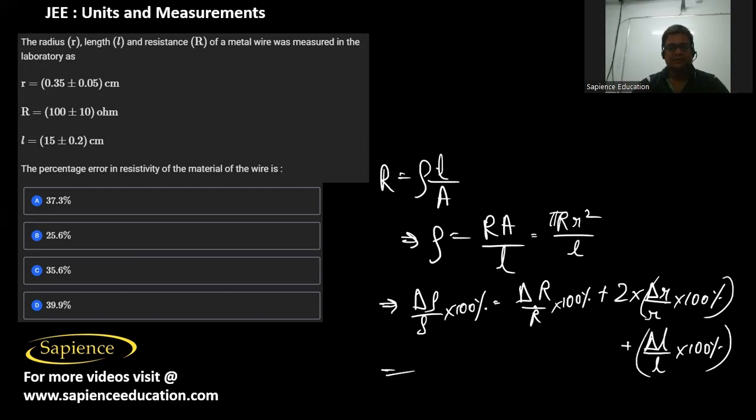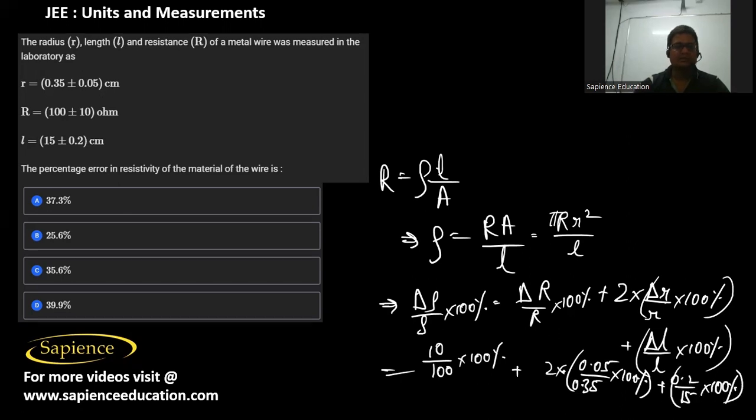So this we have to find out. The percentage error in resistance will be equal to 10/100 into 100%, plus 2 into ΔR, that is 0.05/0.35 into 100%, plus this will be ΔL, that is 0.2/15 into 100%. So this we have to solve.